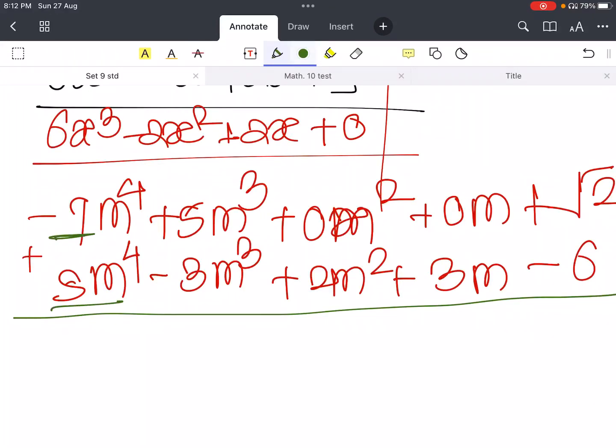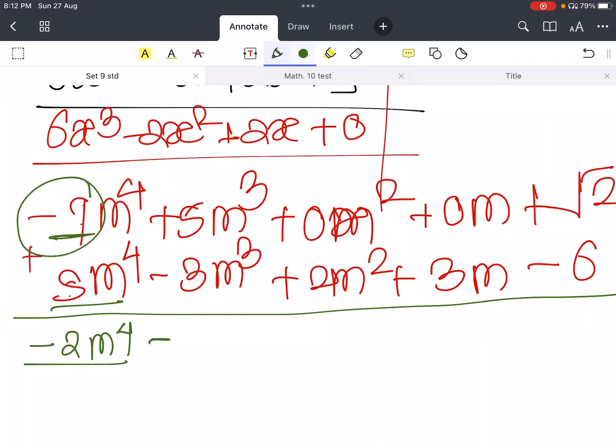Obviously, like terms are there. So 7 minus 5 becomes minus 2m raised to 4. If one of the two terms is negative, we subtract them, and the sign of the bigger term is the one that comes. So 7 minus 5 is 2, and minus is already there, since this is the bigger term, so we write minus 2m raised to 4.